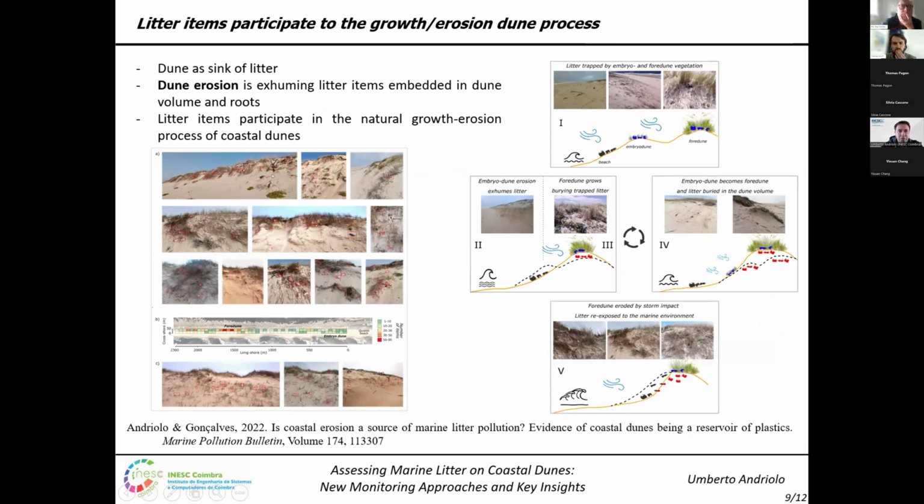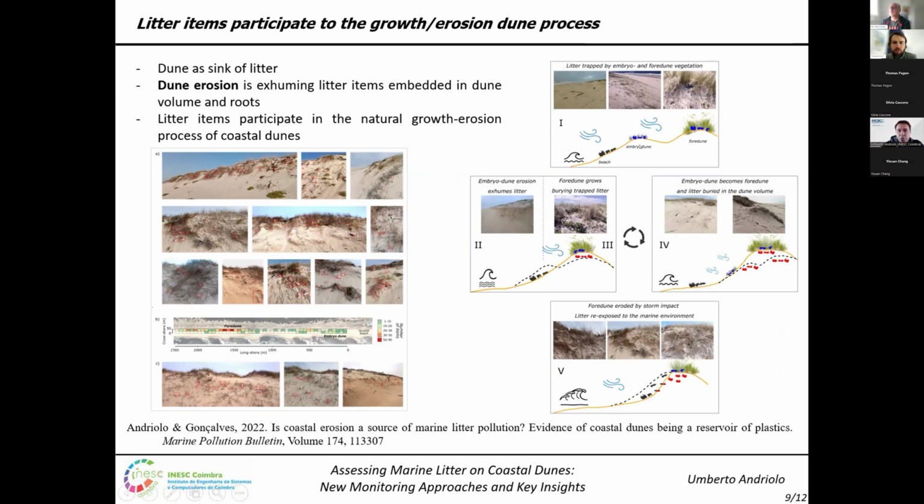During this experience, we noted that some litter items were exhuming from the dunes that were under erosion. So we started analyzing why these items were coming out of the dunes. And we ended up drawing this kind of loop in which the litter items participate in the natural growth and erosion process of coastal dunes.